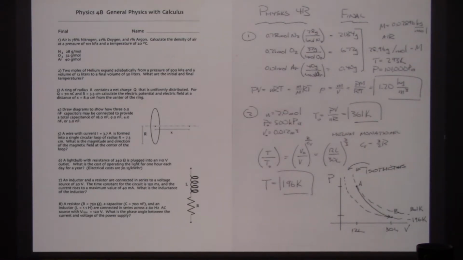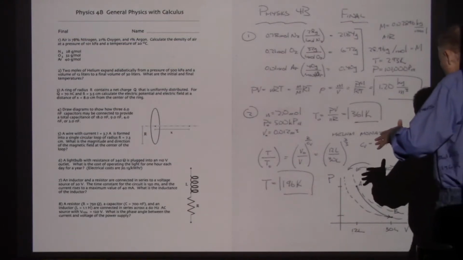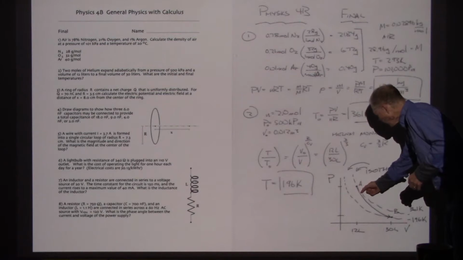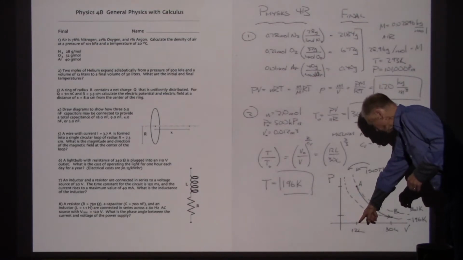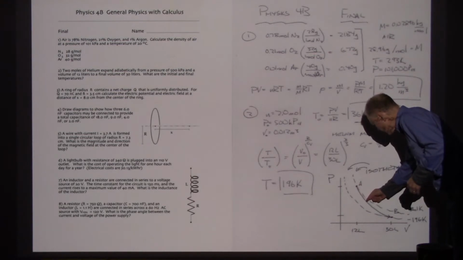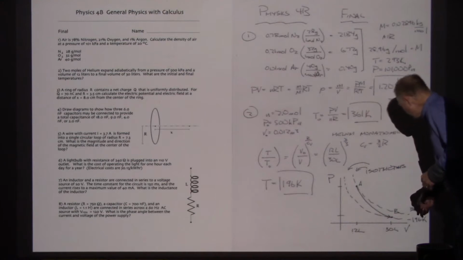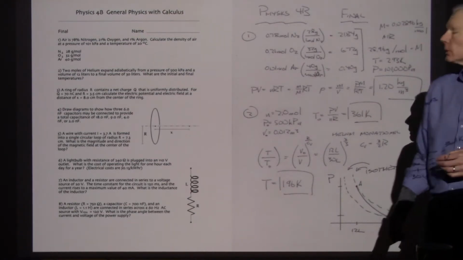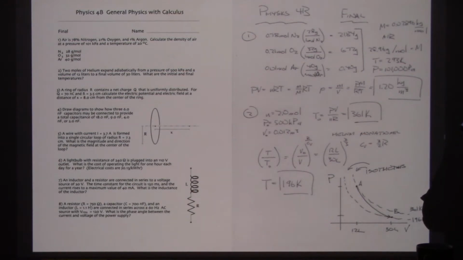If there's an expansion, then that's what we have. If it was a compression, that would be the opposite. But we're going to drop from that higher isotherm when we're at 12 liters. By the time we're at 30 liters, this adiabatic process has dropped the temperature down to this 196 kelvin isotherm. So that's what's going on in the PV diagram.